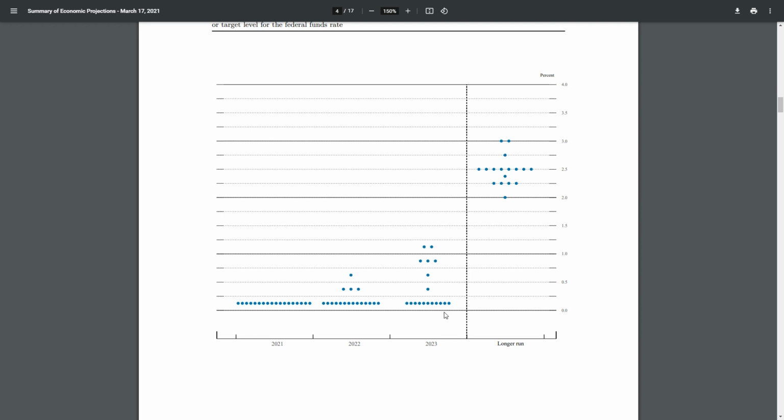Then looking at 2023, now this is where a lot of focus is for today's meeting, specifically for this June 2021 meeting. We can see that in the prior release for March, we had 7 members that projected a rate hike in 2023, or at least voted for higher rates in 2023, with all of them, of course, expecting a different number of hikes.